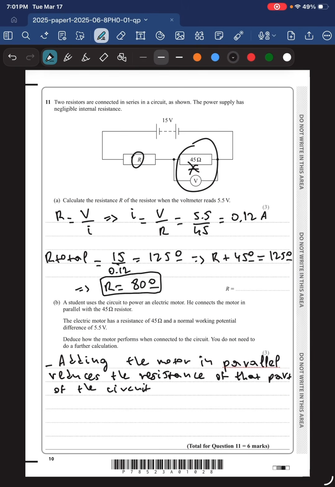The total current in the circuit increases. Okay, I'm going to use a clean page. The potential difference, the PD, across R increases.